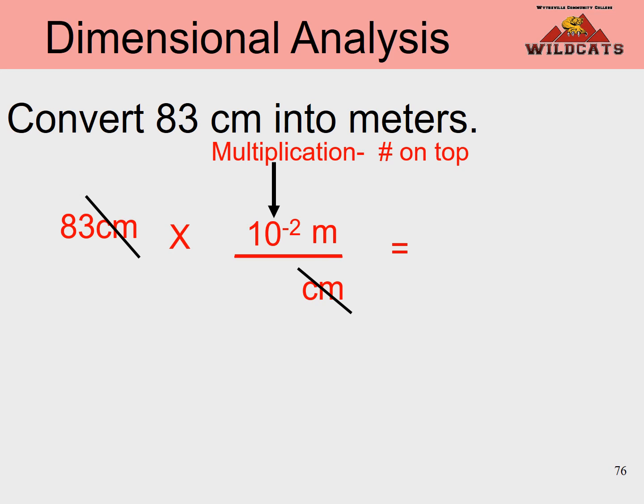If you have a TI series calculator, this is really easy: you just type in 83, multiplication sign, 10, hat or caret button, -2, hit enter. And you're going to end up with 0.83. My answer should only have 2 significant figures because I only started with 2 significant figures. That 10 to the minus second is a conversion factor, and conversion factors are exact numbers with an infinite number of significant figures.